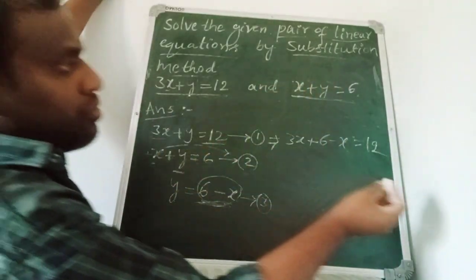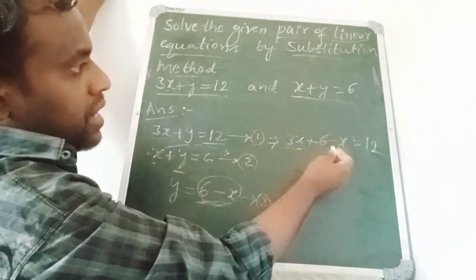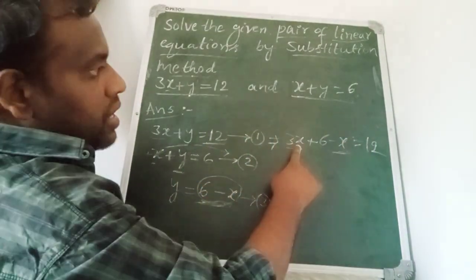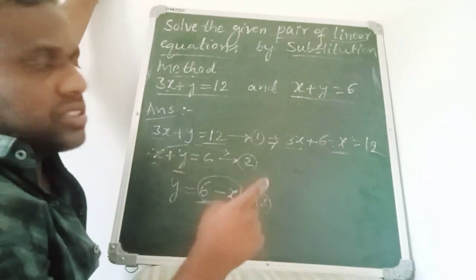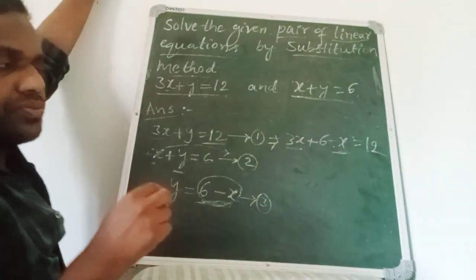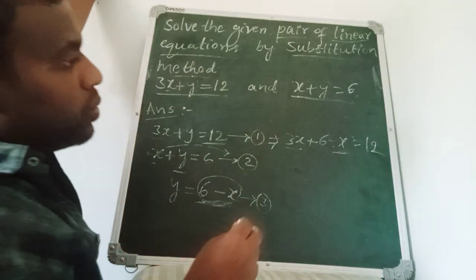Okay. Now we want x. Now consider the x terms. Your 3x is there, minus x. So 3x minus x. Subtract x from 3x.